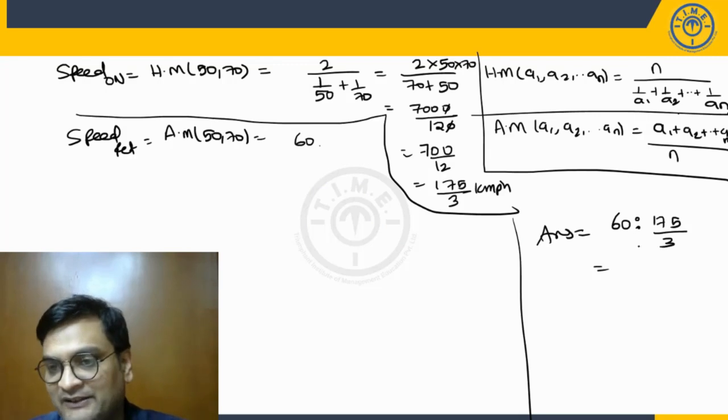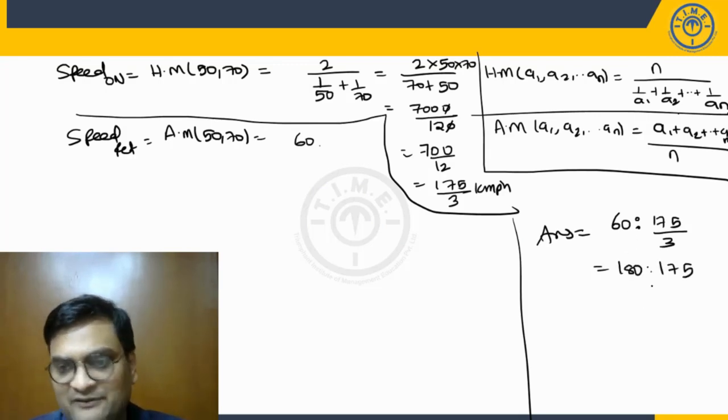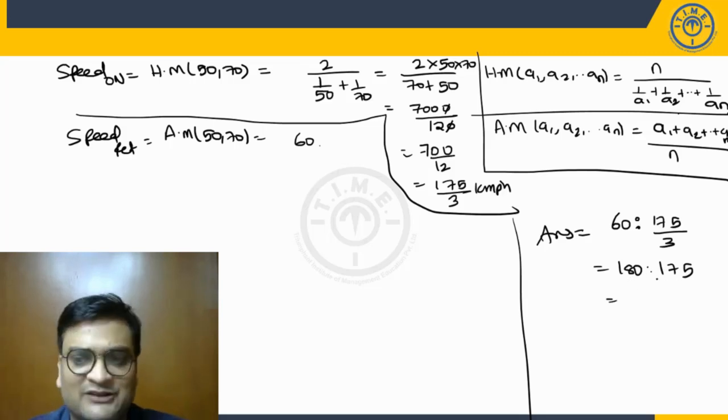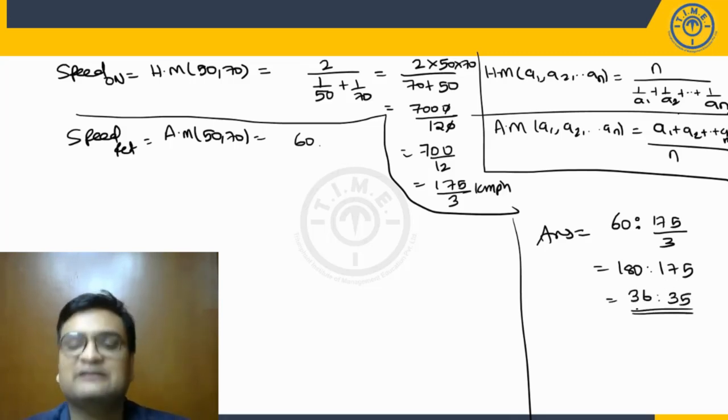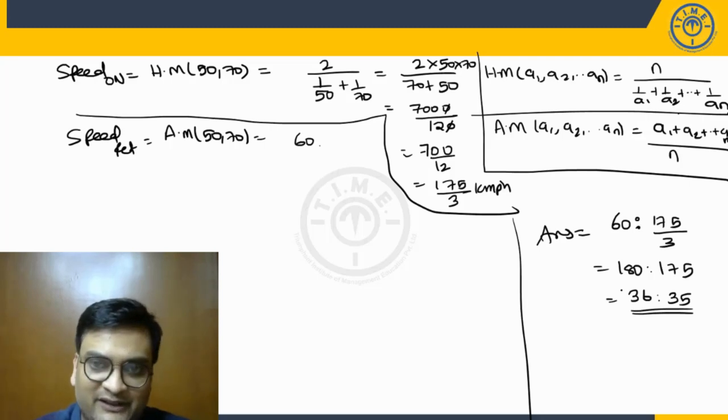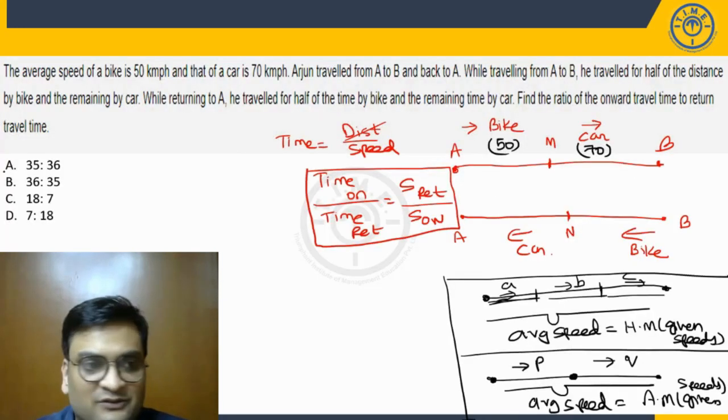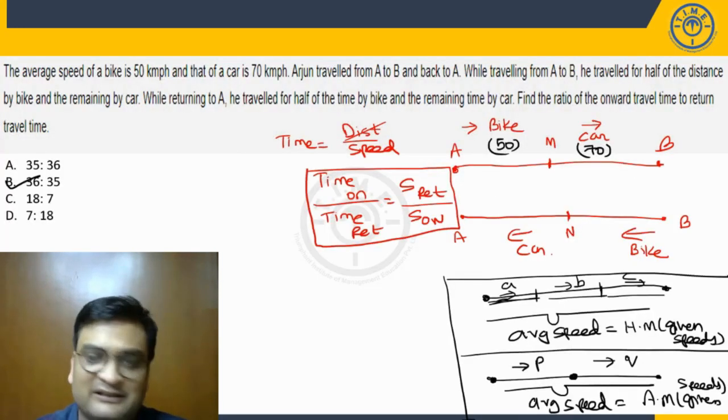So 3 into 60 is 180 to 175, which can be simplified further: 5 can be cancelled out, 36 times 5 is 180 and 35 times 5 is 175. So my answer is 36 is to 35, which is option choice B.